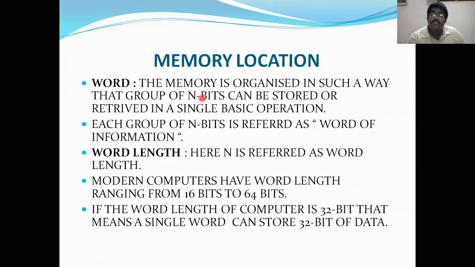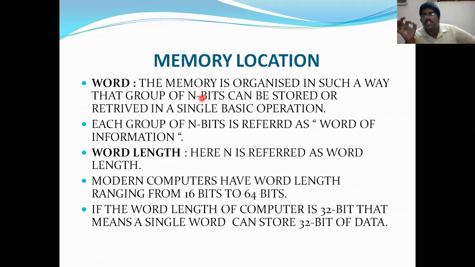If the word length is 64-bit, then it can perform the operation, either addition, subtraction, multiplication or division, on 64 bits in a single clock cycle. So higher the word length, higher will be the speed of the operation. If the speed of the operation is high, obviously the efficiency is also going to be high. So that is the word and word length.